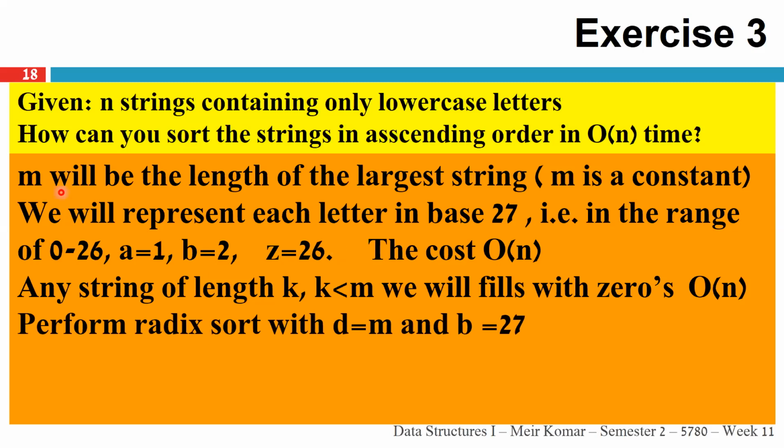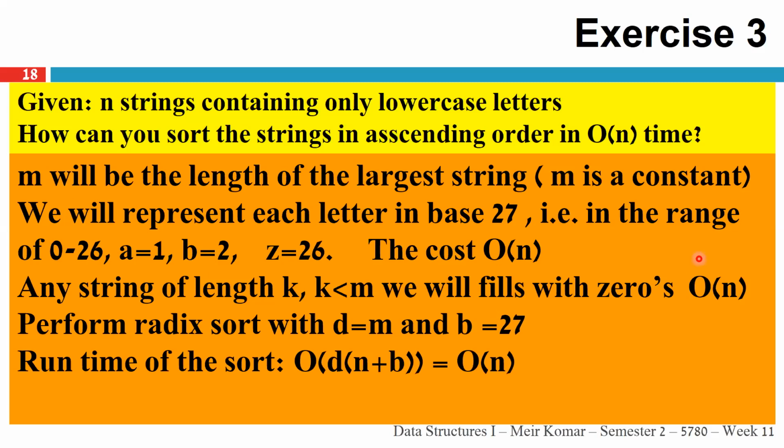All these 3 steps were to be able to do a radix sort, where the number of digits is M, the base is 27, and then I'll just do a radix sort. And a radix sort, we know it costs me Theta of D times N plus B, right? That's the runtime. D times N plus B. That is the runtime.